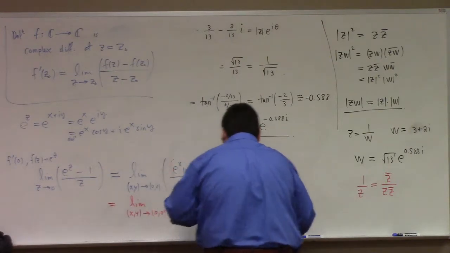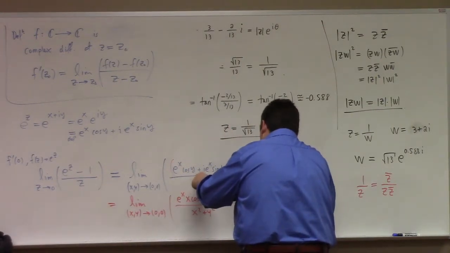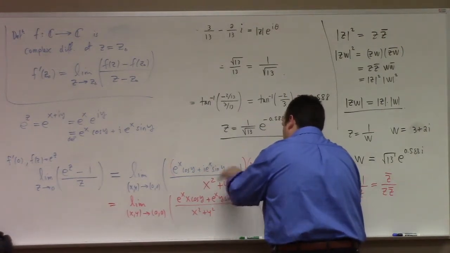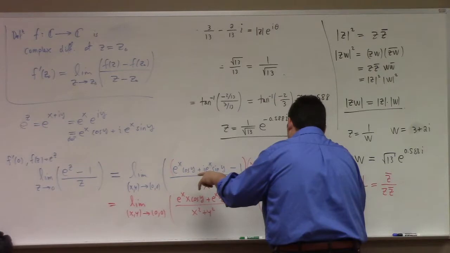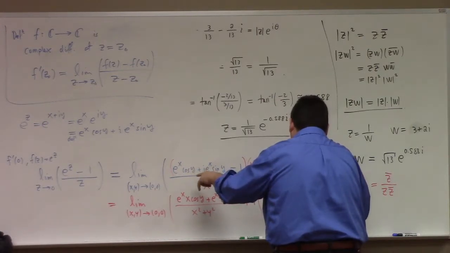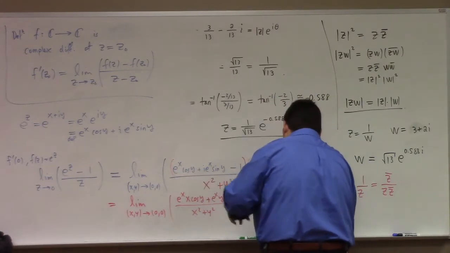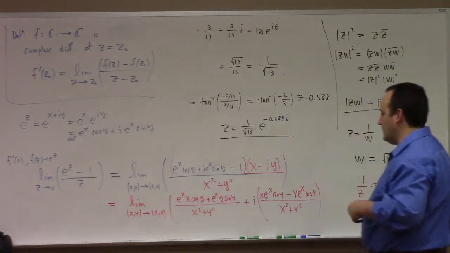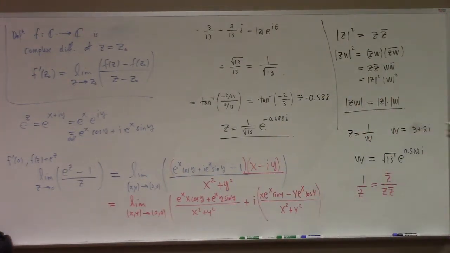Plus i times e to the x sine y times x. Then what? Minus y e to the x cosine y divided by x squared plus y squared, right? So great, you can take those limits. It seems very possible.